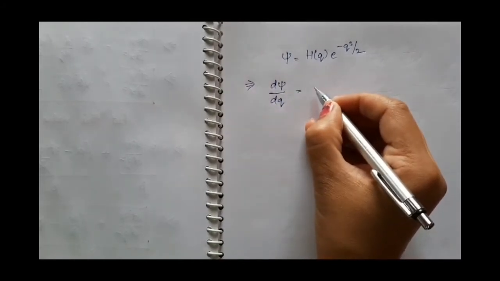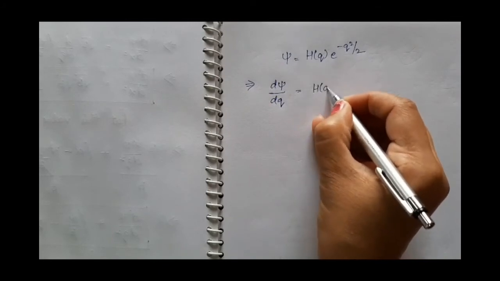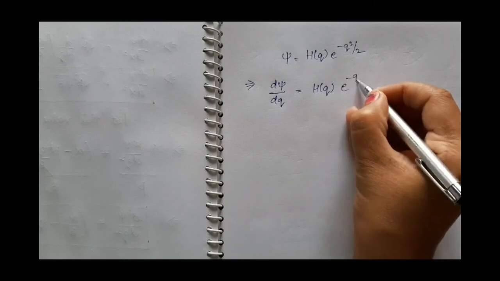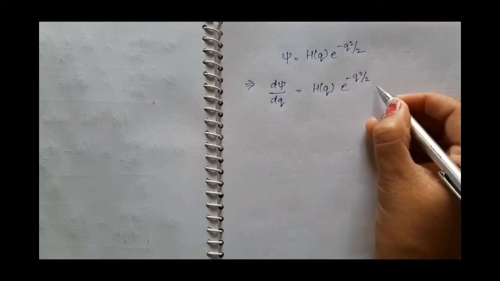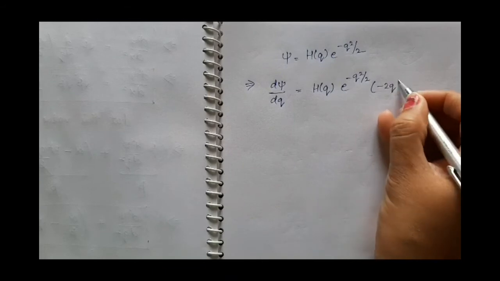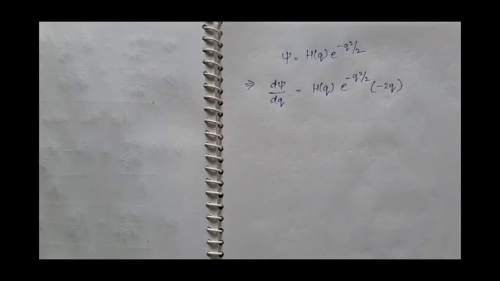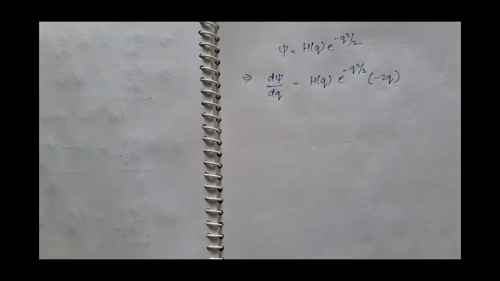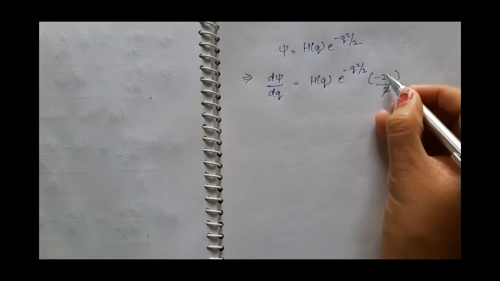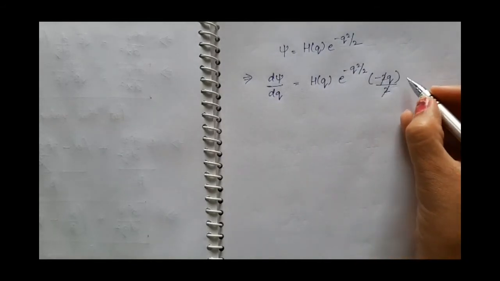It will be equal to, first suppose hq is constant, then we will have e raised to power minus q square by 2 into minus 2q by 2. So this 1 by 2 at that time is constant, and the 2 and 2 will cancel out.